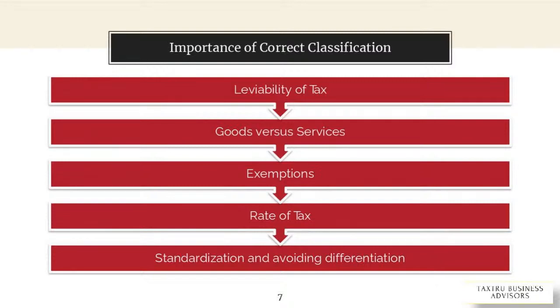Apart from that, the main thing is the rate of tax. What would be the rate of tax? Then there will be a standardization and avoiding differentiation. If we all are reading one tariff, one document in which all these services or rates are stated, it will be a standardization of all the rates.